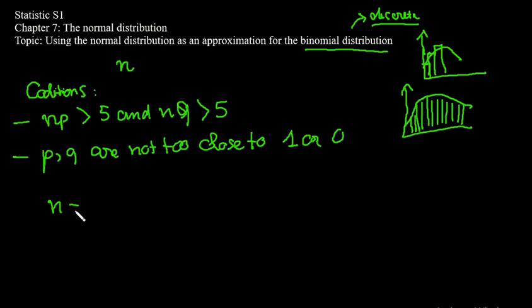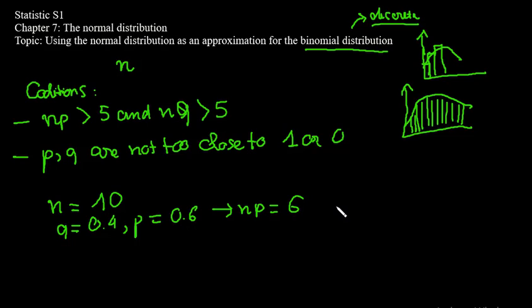If n equals 10 and q equals 0.4, p equals 0.6 because they add up to 1, so np equals 6 and nq equals 4. This one is not appropriate because nq is not greater than 5.